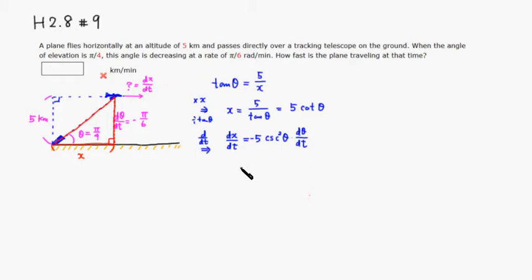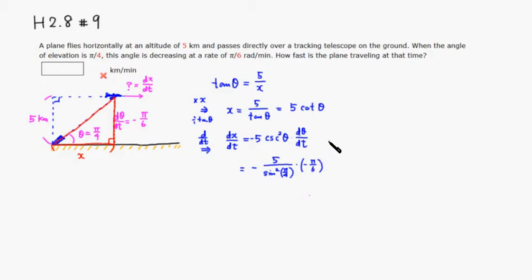I don't like cosecant, so I'm going to go back to sine. Cosecant is the reciprocal of sine, so I'm just going to put sine squared on the bottom, and remember that theta is pi over 4. Multiply by d theta over dt, which is negative pi over 6.